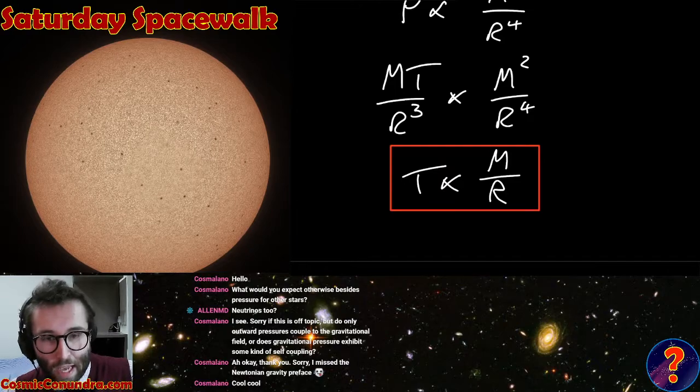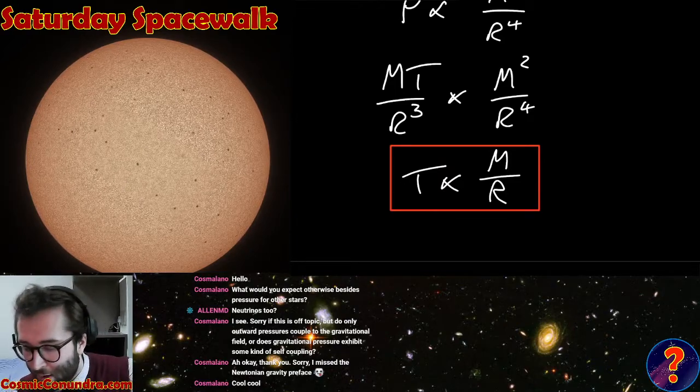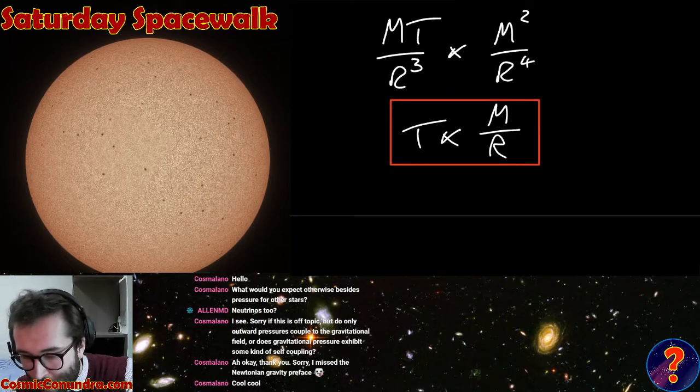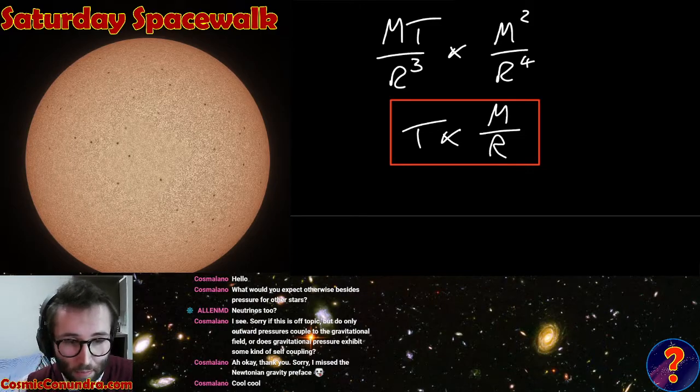So if you have very heavy small stars, these are going to be much hotter. You can use this to think about what happens even when stars depart from the main sequence.